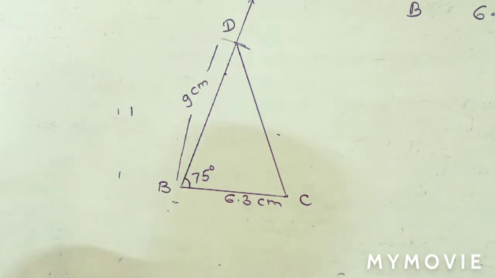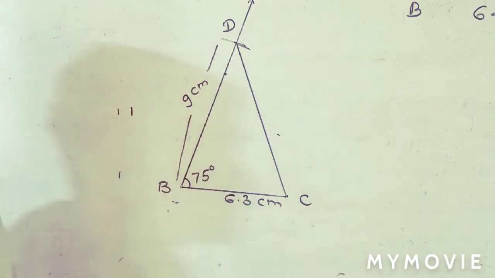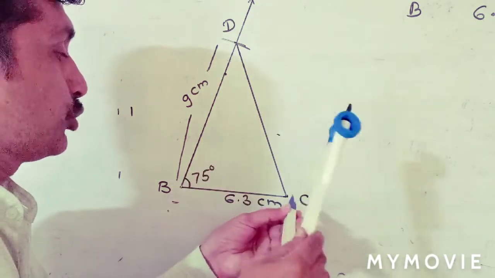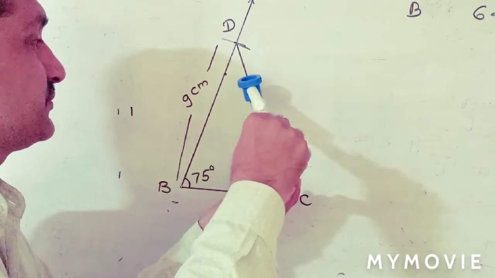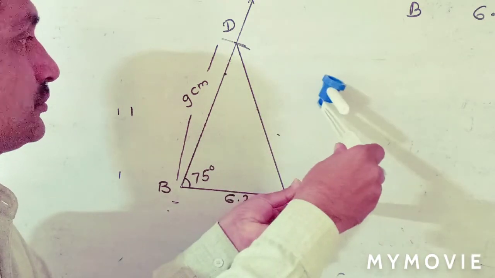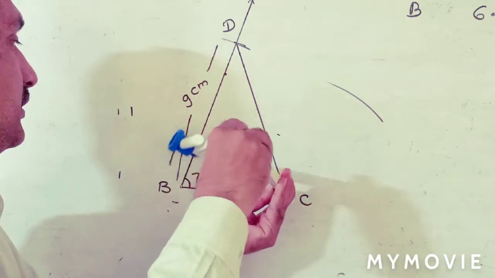In the next step we have to bisect DC. We have to draw the perpendicular bisector of the segment. For that, in the compass we have to take more than half the distance. From C first, let's draw an arc on the right side, and second on the left.